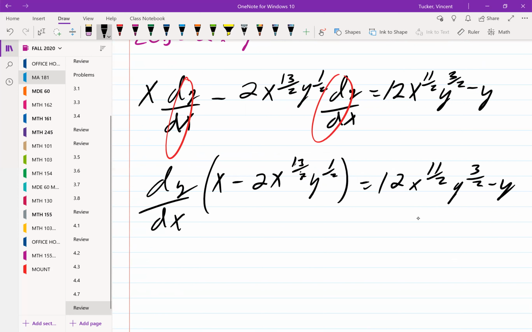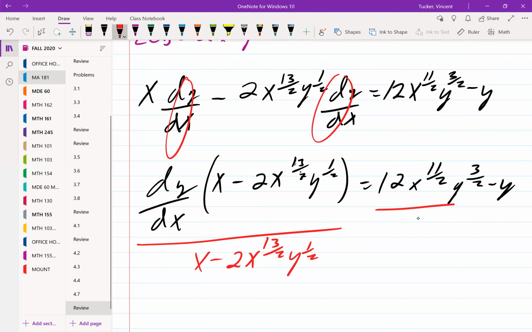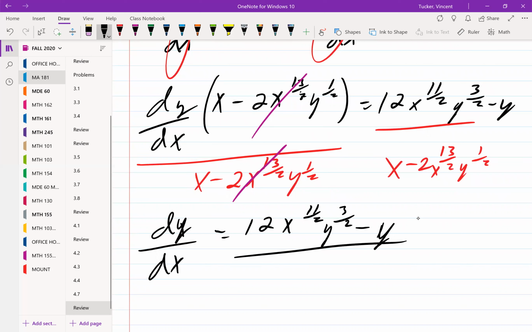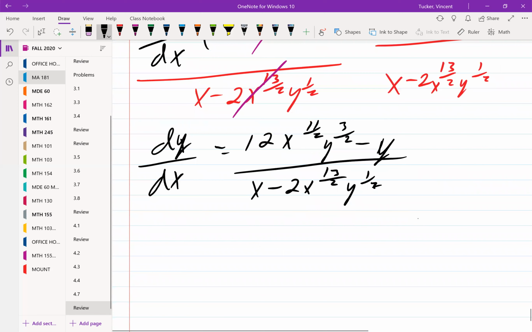And so now I can divide both sides of this quantity. So there should be different variations of this answer that WebAssign will accept. So that should be your answer right there.